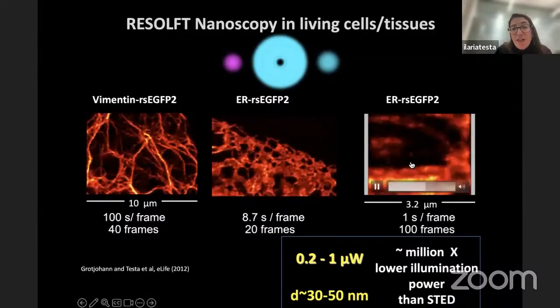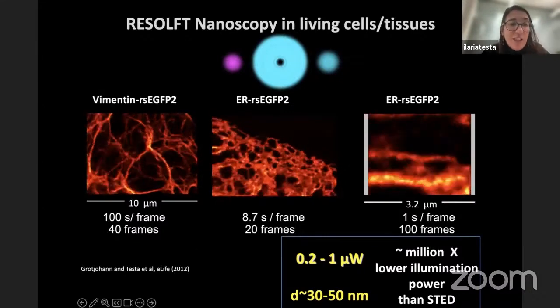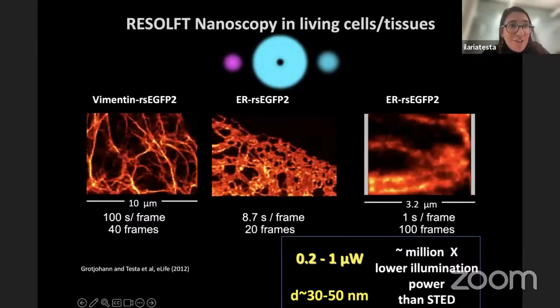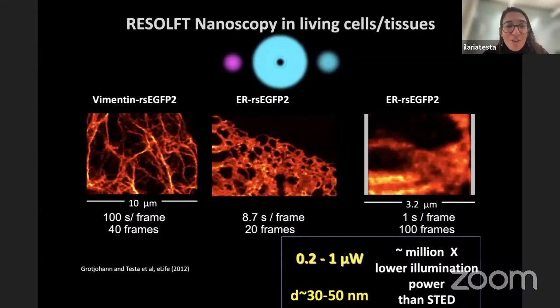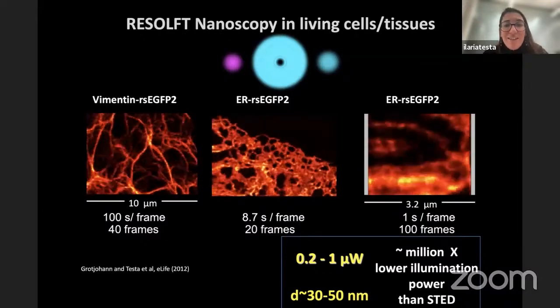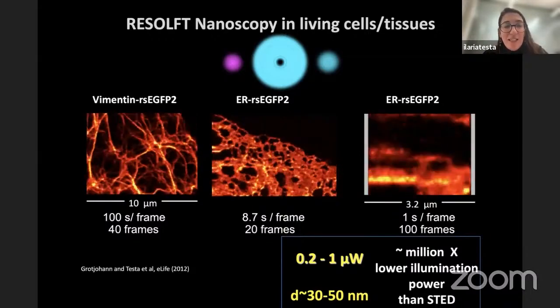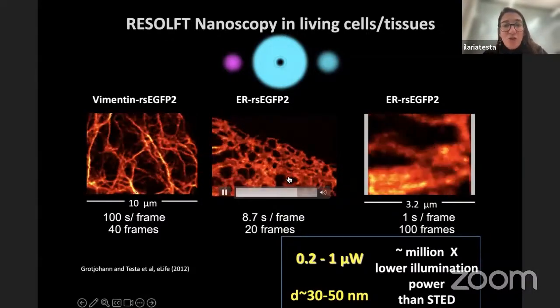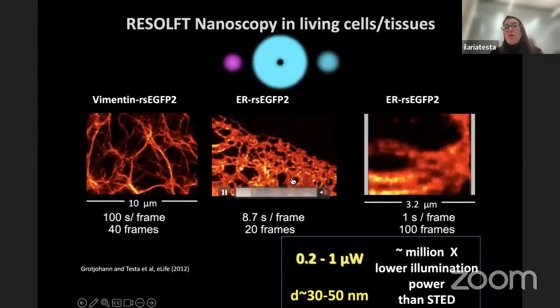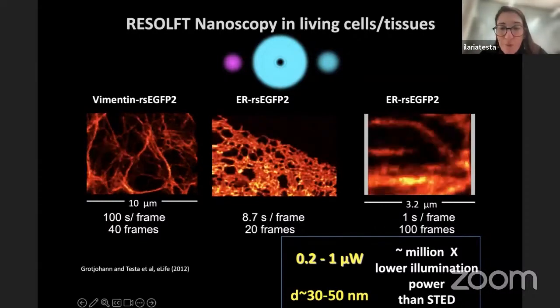And these are the very first results about RESOLFT that were really encouraging, because they were telling us, yeah, you can do live cell super resolution, right? You can express your rsEGFP2 inside your living cell, and then you can track dynamics over time, and the resolution is comparable to what you get with STED and YFP, for example.